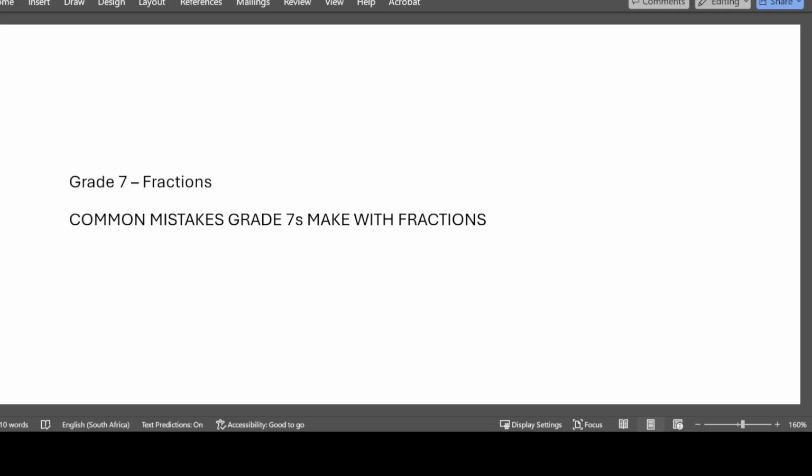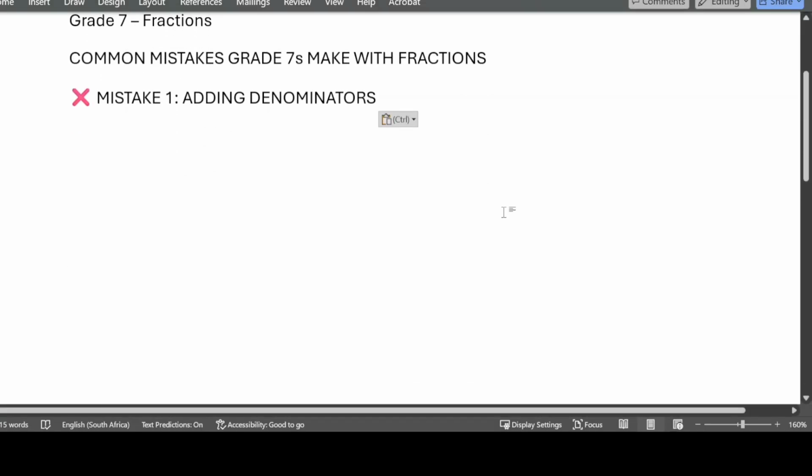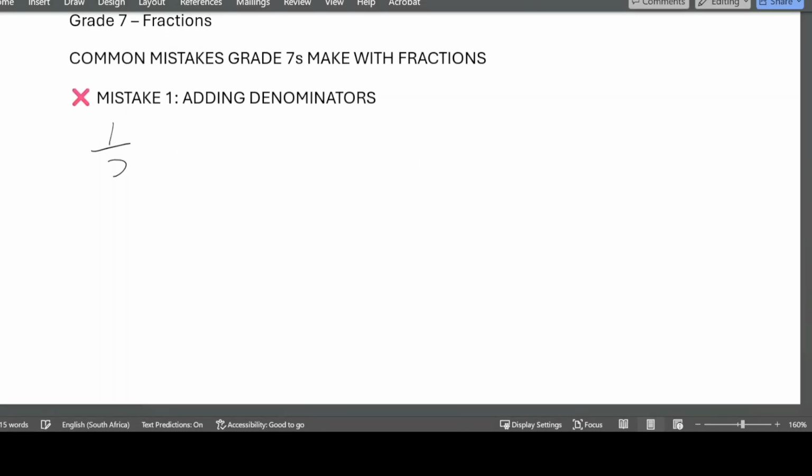Mistake number 1 is adding denominators. We have 1 over 2 plus 1 over 4. One very common mistake is adding the bottom numbers.